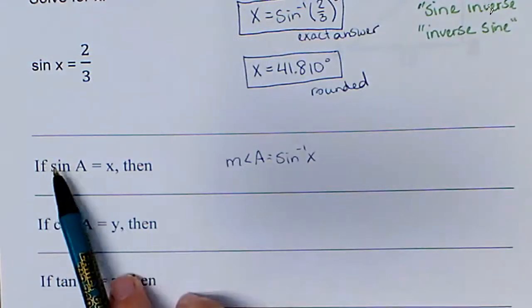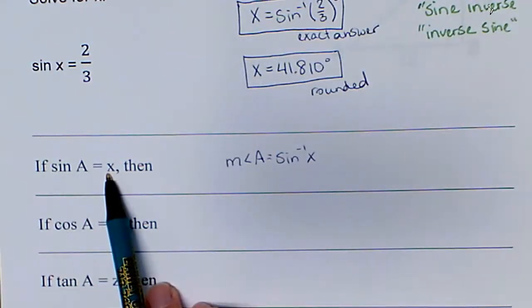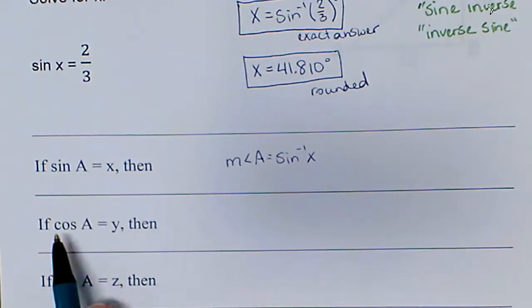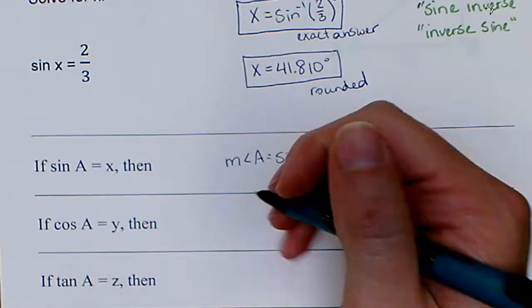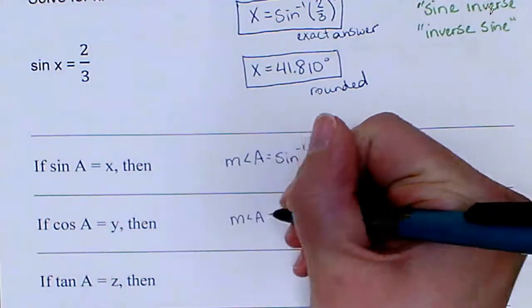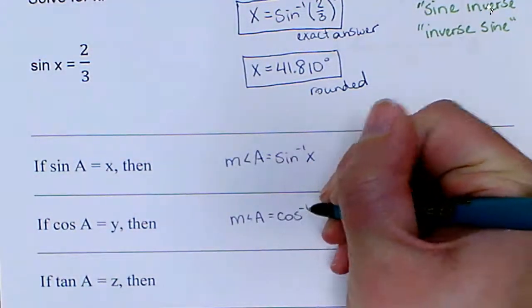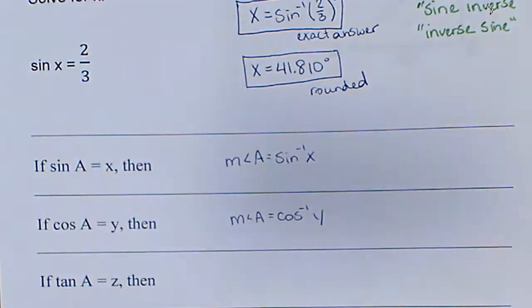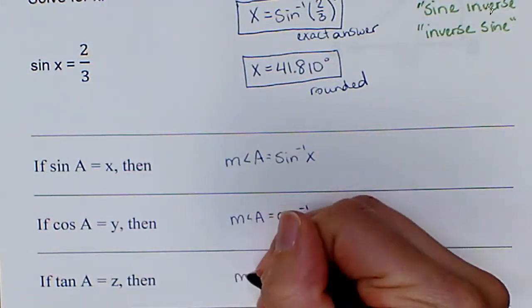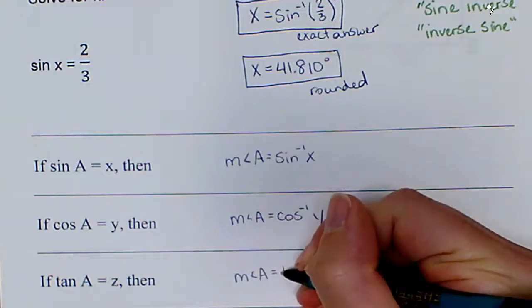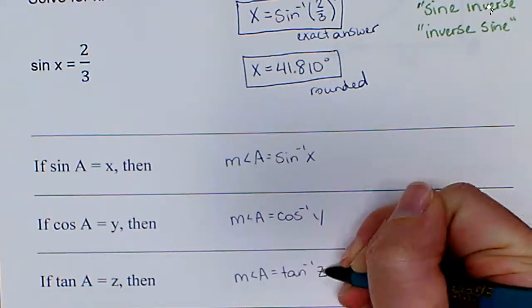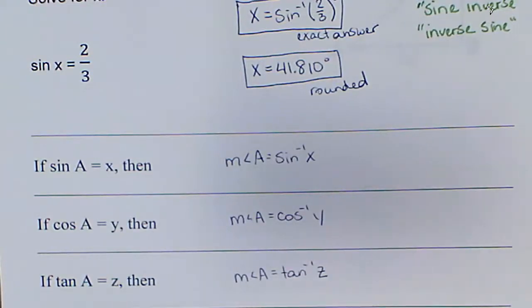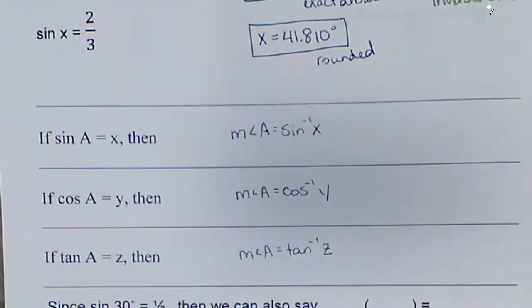If cosine of angle A equals y, then the measure of angle A will equal cosine inverse of y. If tangent of angle A equals z, then the measure of angle A will equal tangent inverse of z. So these are just some quick references for you to use throughout.